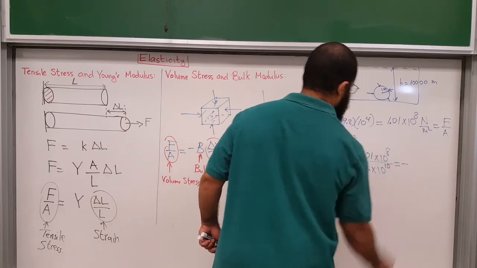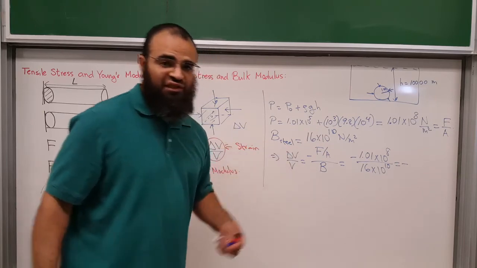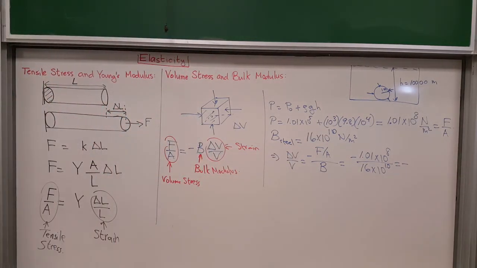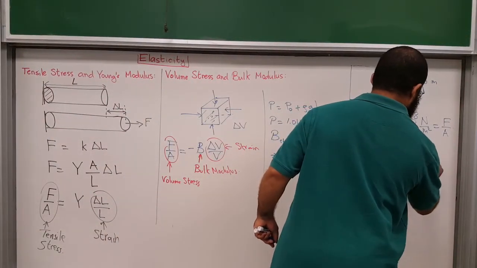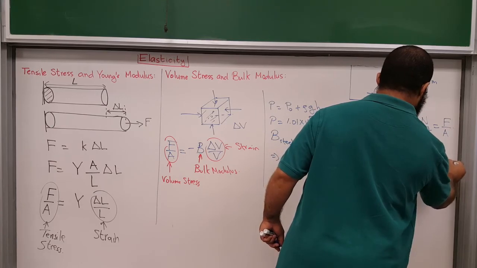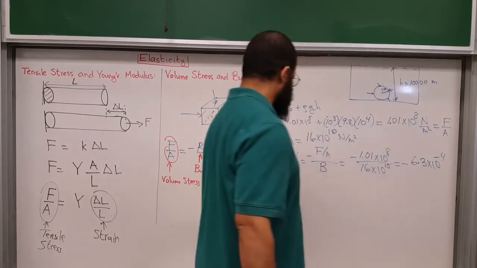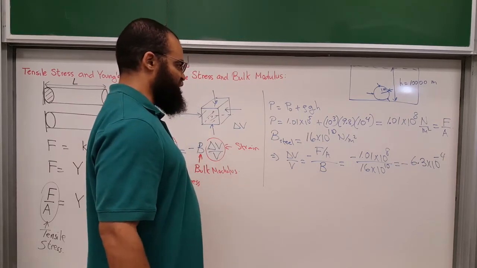And we get negative, don't worry about it, it just means the final volume is less than the initial volume. So we get negative 6.3 times 10 to the minus 4. And it's dimensionless because volume over volume would have no dimension.